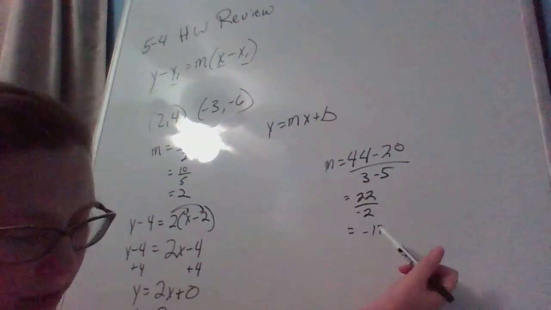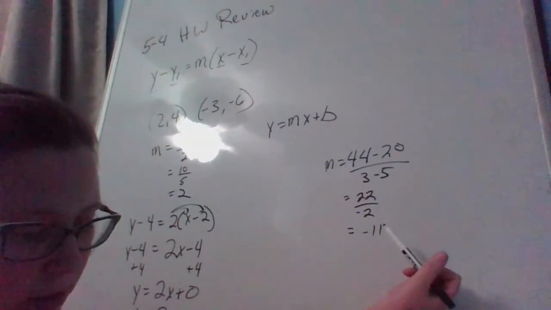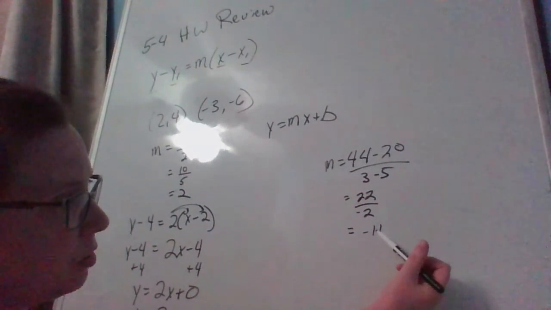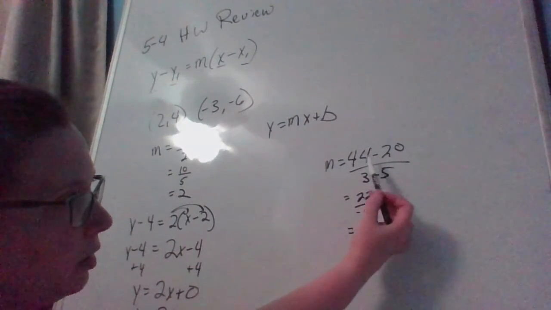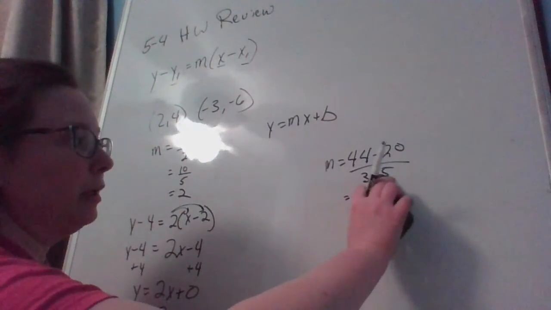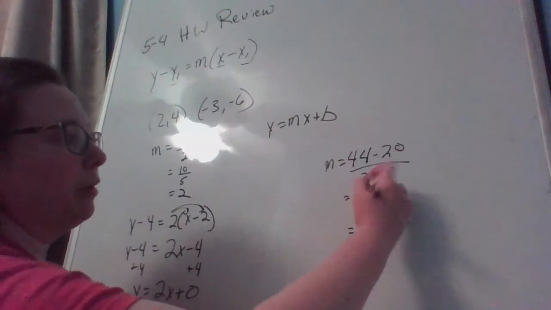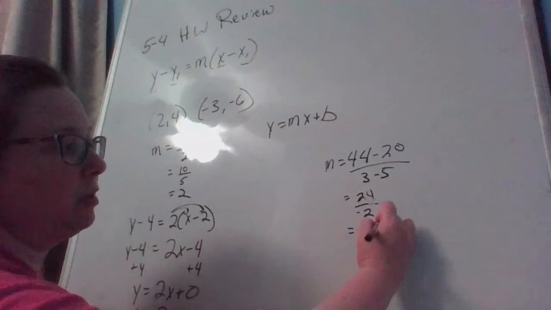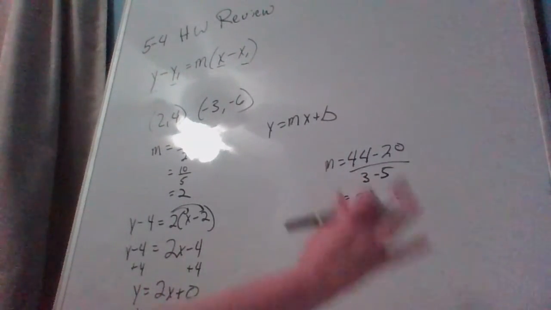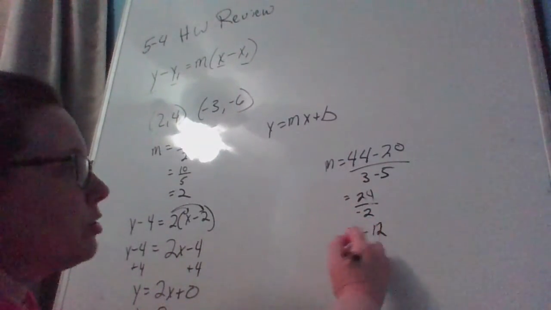Sorry, I'm a little bit fascinated because I'm looking at the table and it looks like it's 12 gallons, but I got 11. So I'm thinking, oh, I subtracted wrong. Well, Mrs. Kunick, this should be 24 and this should be 12 then. So here's 12 gallons a day. So now we do have our slope.